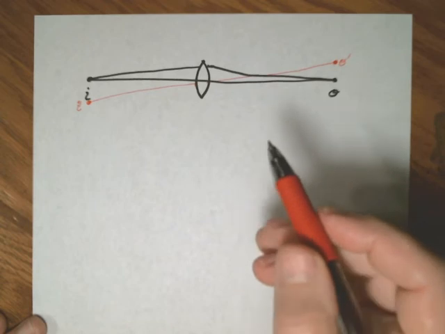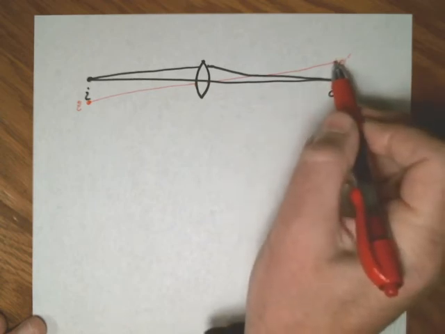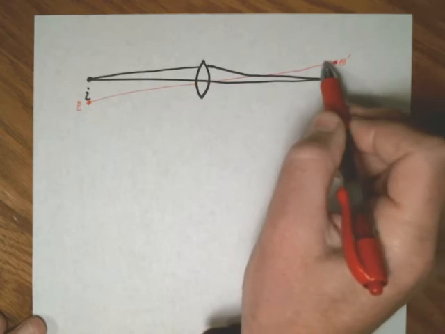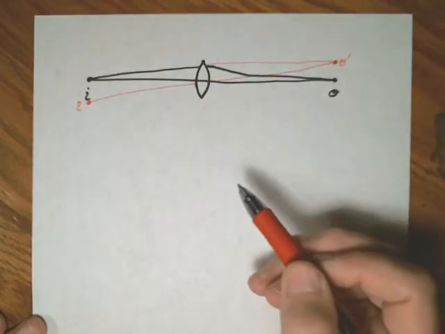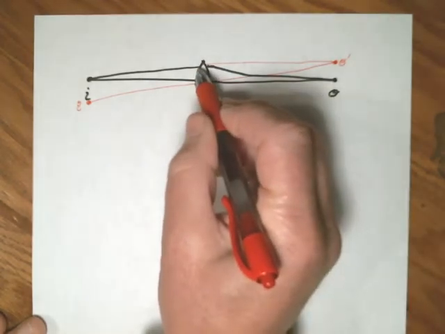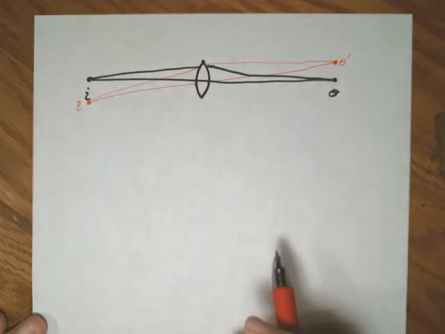And if we want to, we can draw in another ray, even though we've already convinced ourselves of where the image should be. For the other ray, as usual, I'm going to draw a ray that happens to hit the same point on the lens. Since I know where the image is, I'm going to go ahead and make it go there.